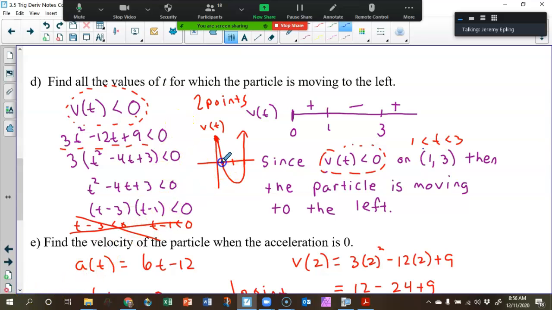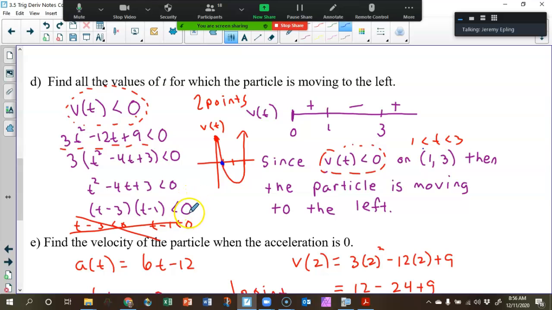Well, it's not equal because when t is equal to 1, velocity would be equal to 0. If you plug a 1 in here for t, 0 times t minus 3 is going to equal 0. And if my velocity is equal to 0, that's no change in my position. The slope is 0.